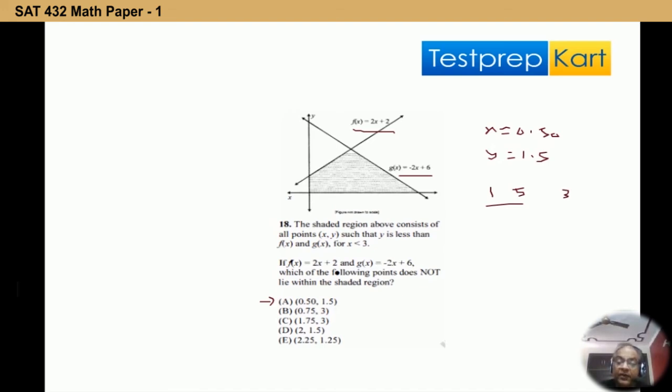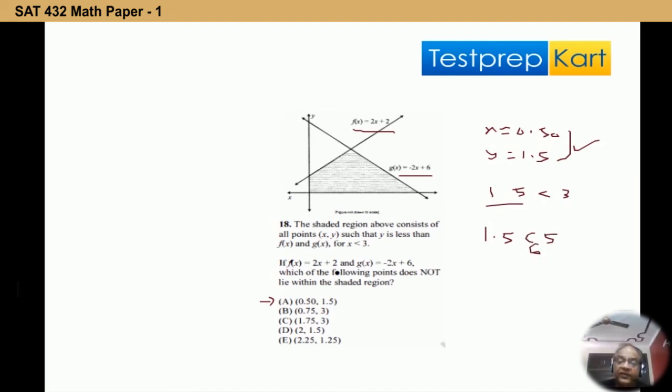Because 1.5 is less than 3, it's okay. Now similarly here, y is 1.5 and the right hand side is minus 2 times x, that is minus 1, plus 6, so 5. So 1.5 is less than 5, which is again correct.